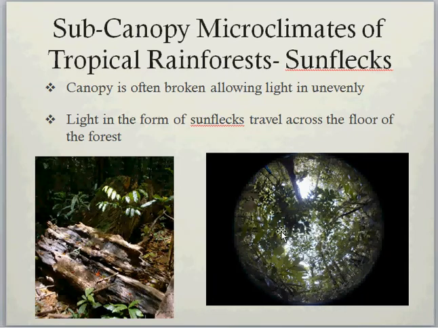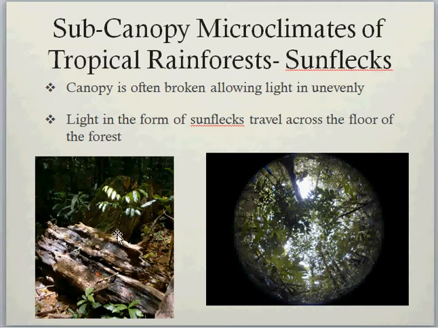So sunflecks will move across the forest floor. Seedlings don't move, so they will only receive sunlight at a higher intensity than they normally get in the understory at a particular time.